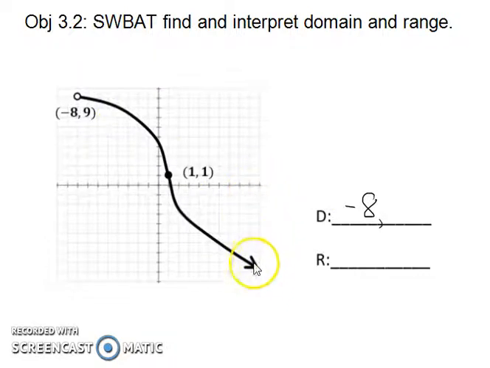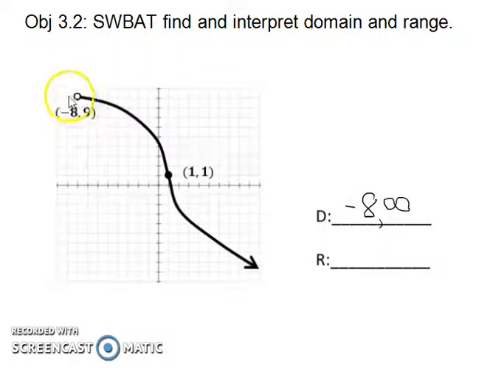And normally we would say that that's like +10 in the x direction, but there's clearly an arrow, which means it keeps going. It goes to 11, 12, 13, 1,000, 10 million. The domain for this goes to infinity in the upper direction. And that's because this arrow says that it just keeps going to the right. So the farthest left it goes is -8, and the farthest right it goes is infinity.